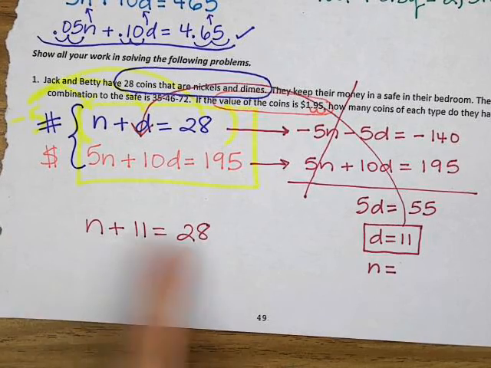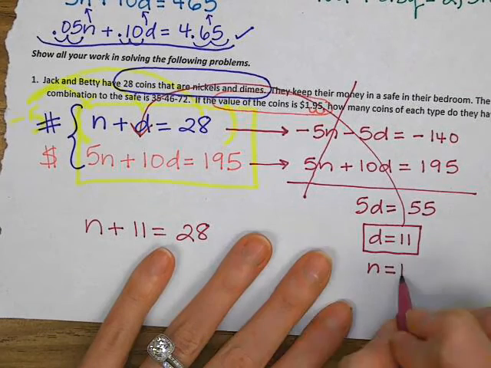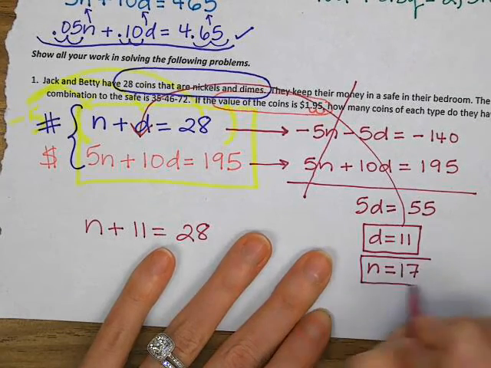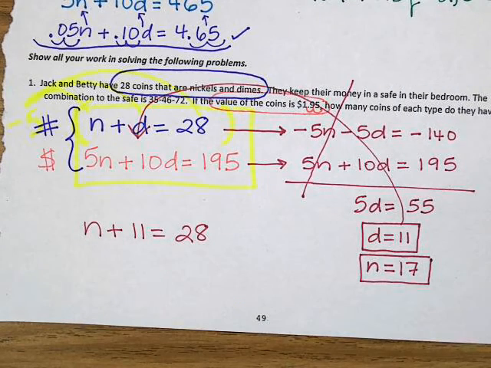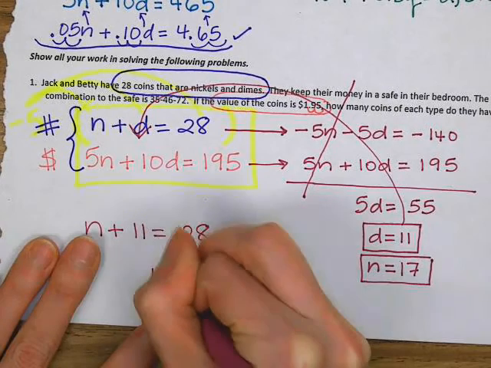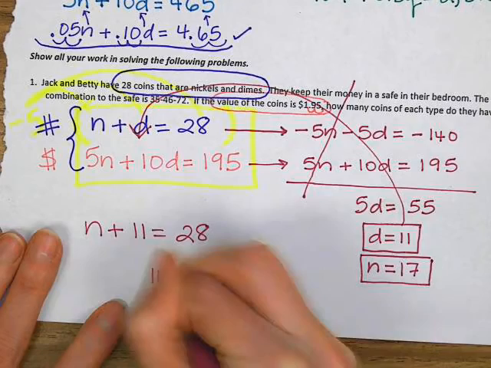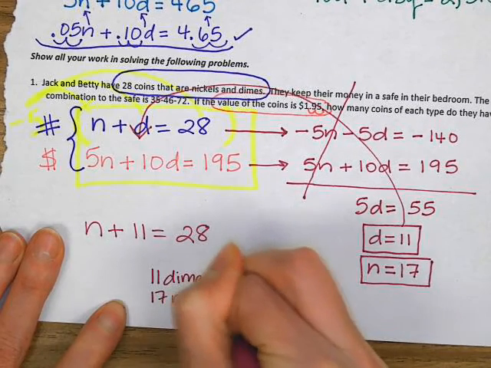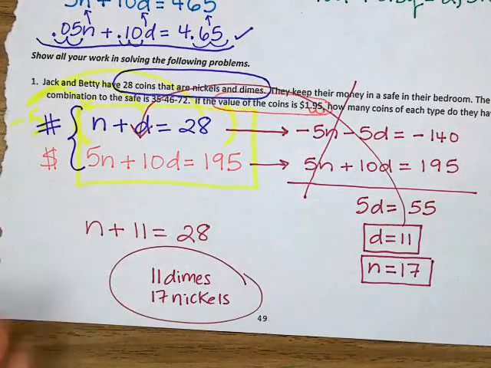And then if you minus 11, it looks like we have 17 nickels. So 11 dimes and 17 nickels. Now, since it's a word problem, we should write the word. So for your final answer, you really should write 11 dimes, 17 nickels. That would be a good final answer.